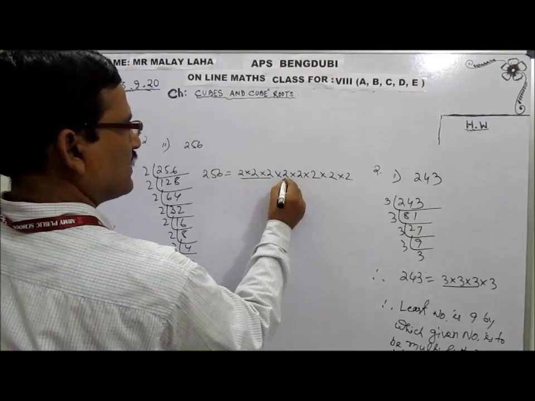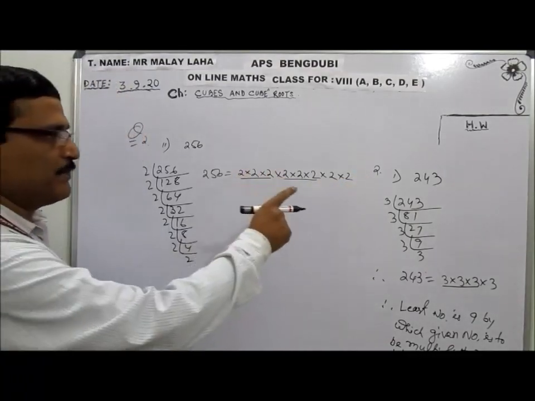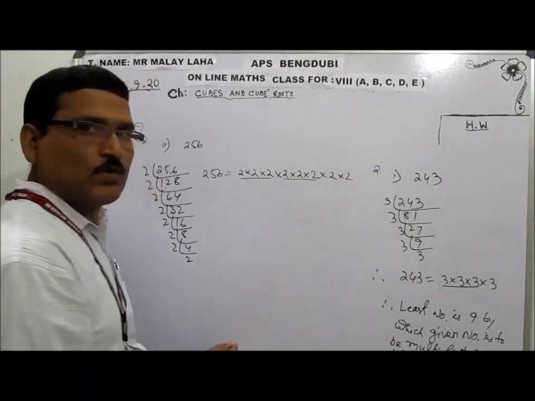So having groups, the last ones not having a group. So we have to make a group. So then I need one more 2.